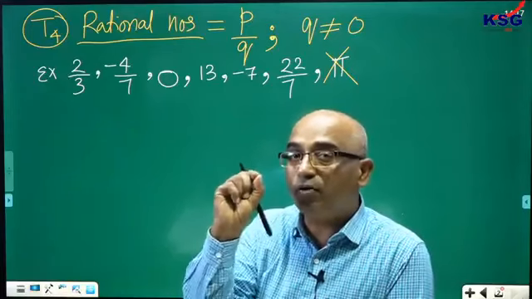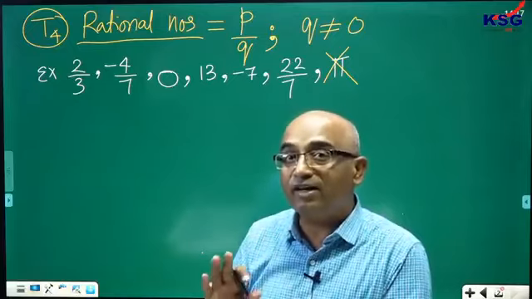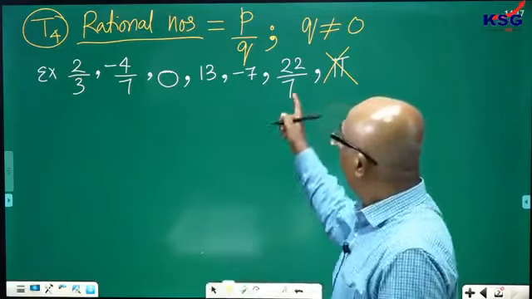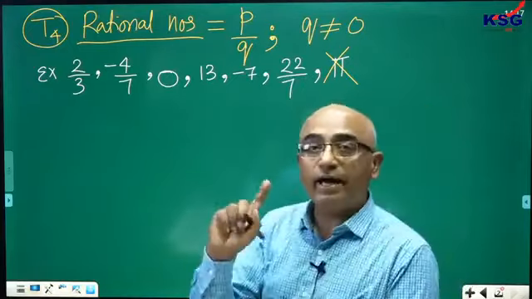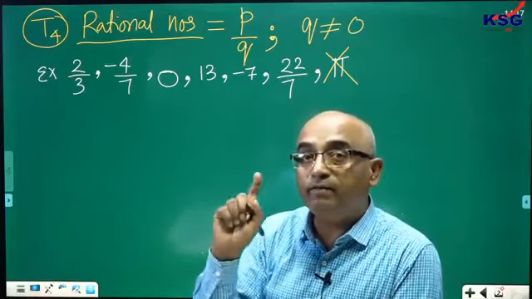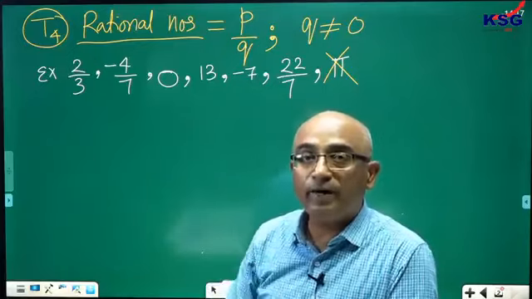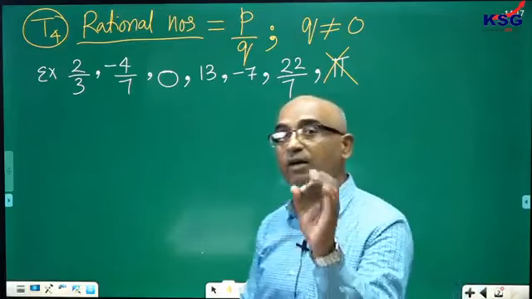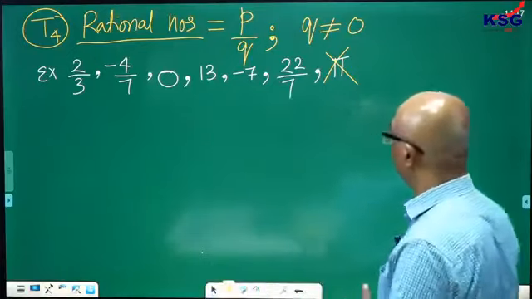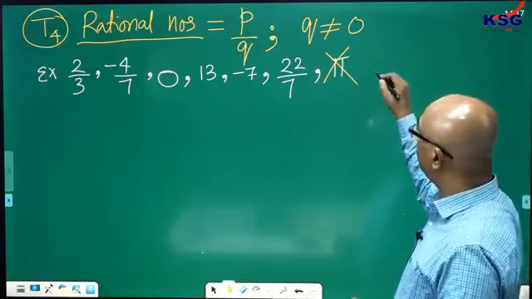So wait for a few minutes, we will discuss exactly what pi is. Pi is an irrational number. 22 by 7 is not the accurate value, it is the approximate value. That's why pi is not 100% equal to 22 by 7. Therefore, pi is irrational. So remember, cross pi: pi is not a rational number.